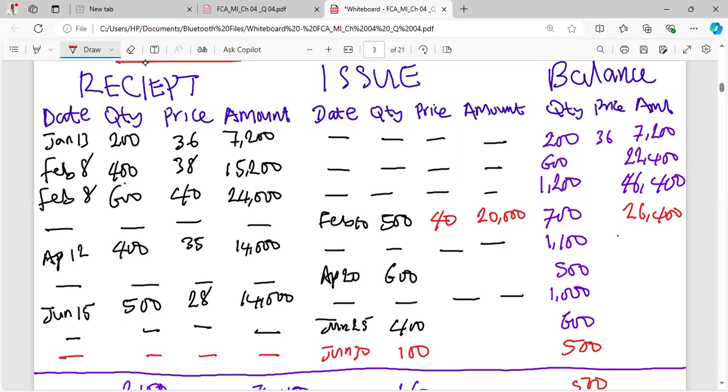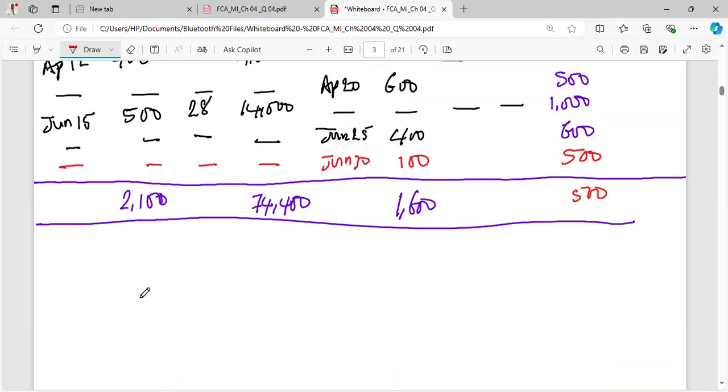Now, as we are issuing out this 600, at what price? We'll issue 400 at 35. The remaining 100 after we've taken 500 from here, 100 at 40, then another 100 at 38. So 400 at 35, 100 at 40, 100 at 38.